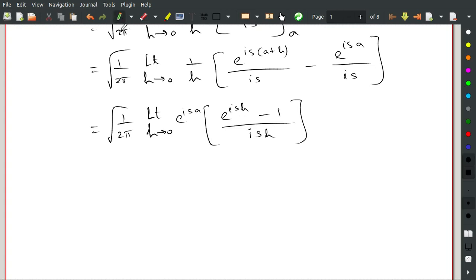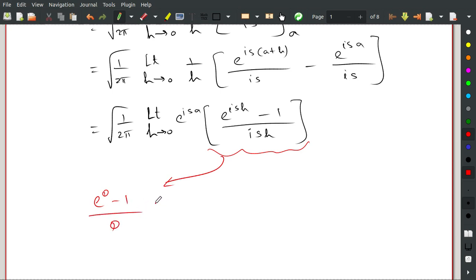So this looks similar to e power theta minus 1 divided by theta.